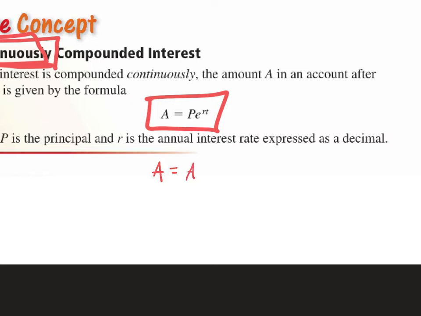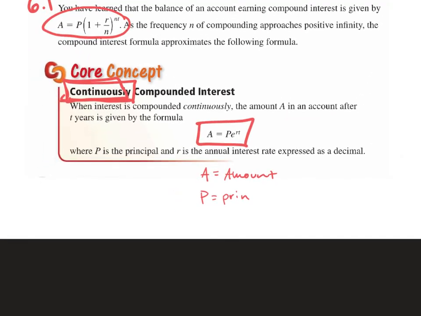So A is our amount, usually what we're trying to find. P is our principal, or starting amount, same thing. E is just that button in our calculator, so E is always going to be E. It's not a value that we plug in, it's just that button that you click in the calculator.